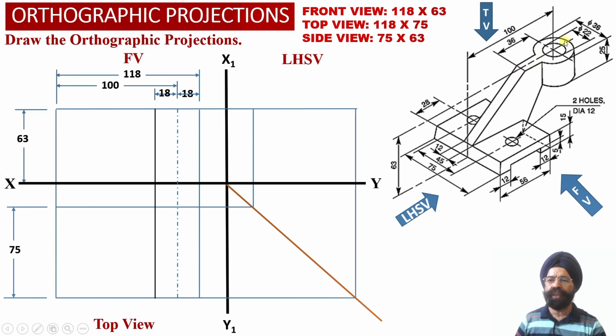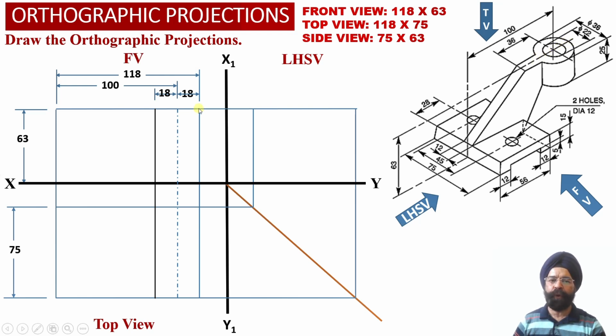So now since we know that the diameter of this outer cylinder happens to be equal to 36 millimeter, from the center point we have already taken an offset of 18 millimeter onto the right hand side. Now we need to take another offset of 18 millimeter onto the left hand side in order to identify these two extreme diameter end points over here into the front view projection.